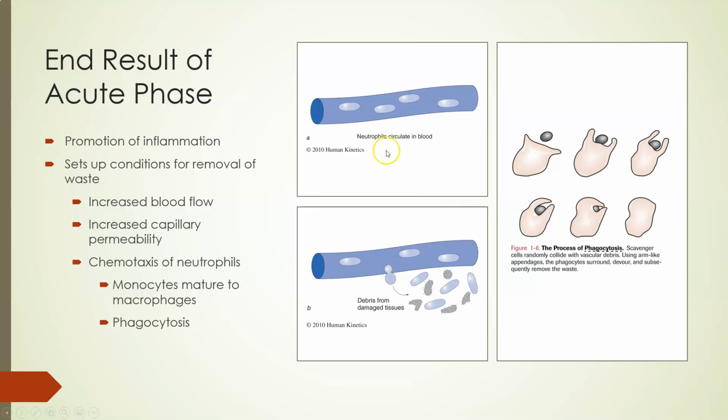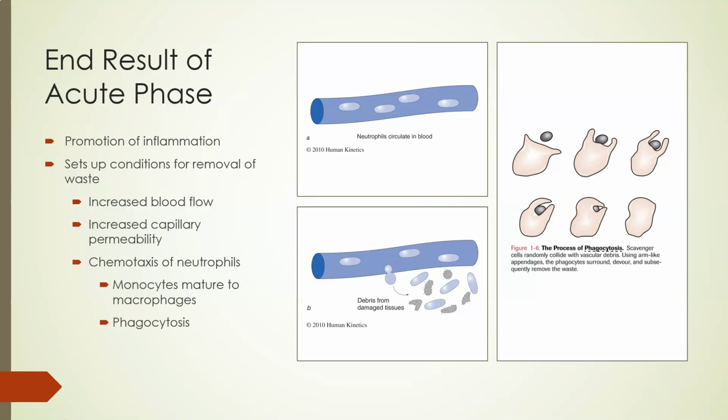So when we get to the end of this acute phase, what we're trying to have accomplished during this acute inflammatory process, we have now the promotion of inflammation. All of those different chemical mediators have created a situation where we have more inflammation, more blood flow, more capillary permeability, and this chemotaxis of neutrophils, specifically monocytes that become the macrophages.